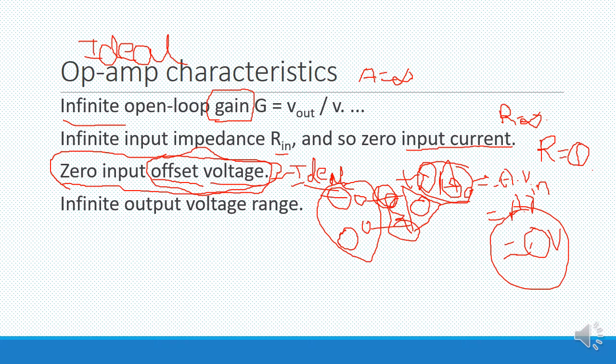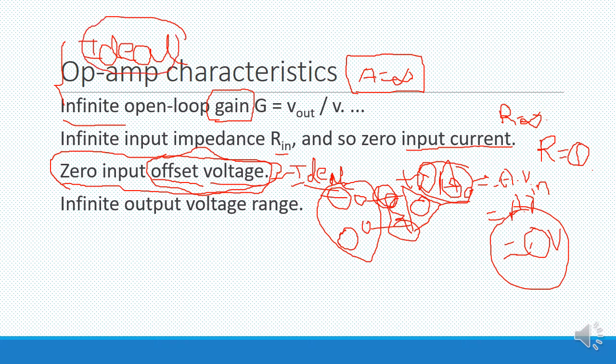For the practical op-amp, it is not possible to get gain equal to infinity and zero input offset voltage, in the same way zero output voltage and infinite input resistance. This happens only for the ideal.